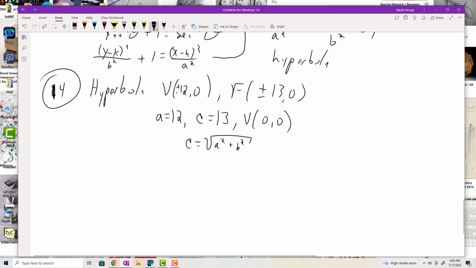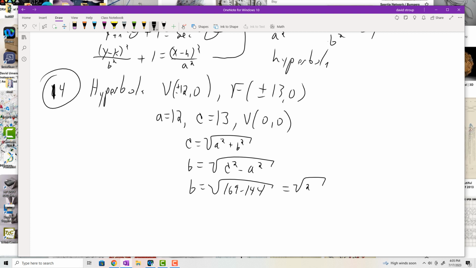So when all is said and done, b equals the square root of c squared minus a squared. And so what is that? b equals the square root of 169 minus 144. Oh, that one's nice. Is that the square root of 25? Oh, that's nice of them.